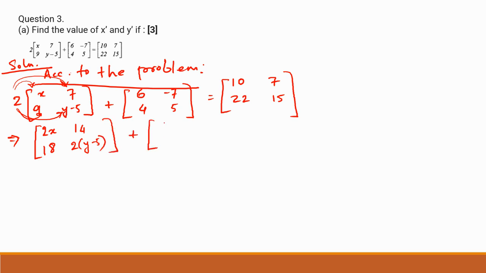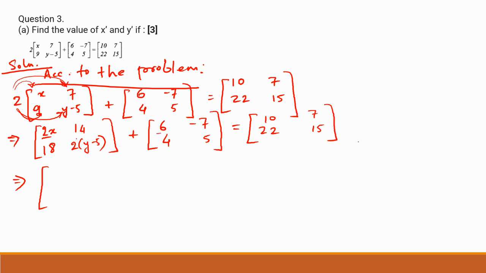So this plus the matrix [6 minus 7; 4 5] equals [10 7; 22 15]. When you add, you have to add this one with this one, this one with this one, and so on. That's how you add two matrices, right?